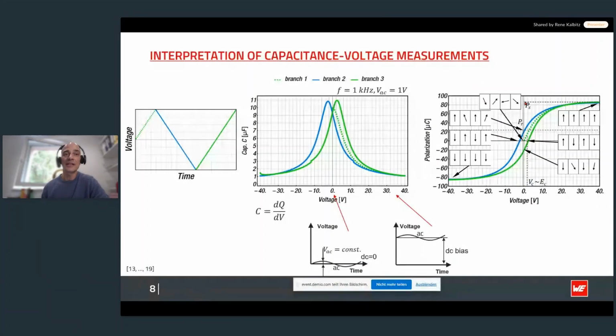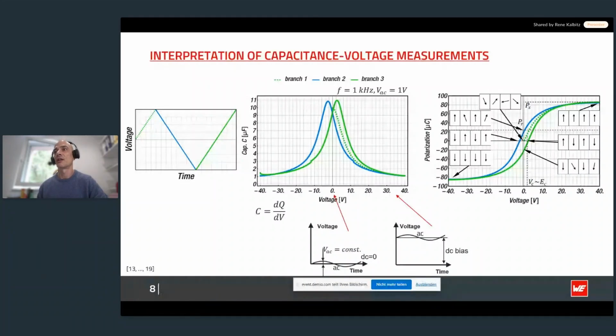The material retains this state, so to speak, and remembers the polarization. Hence the term memory effect, which is sometimes also used. Ideally, the polarization at maximum voltage is referred to as saturation polarization or spontaneous polarization.